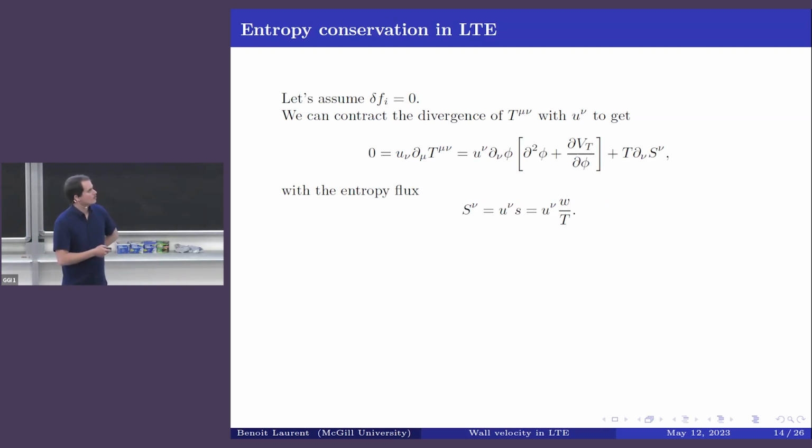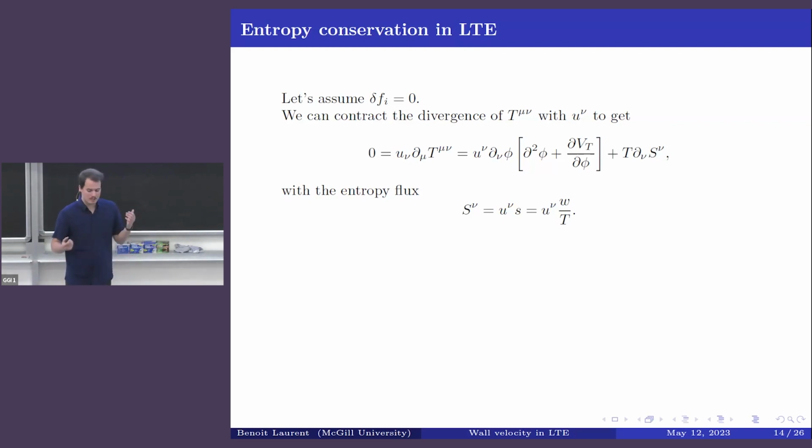Then we can also show that the divergence of the energy momentum tensor, which should be 0 of course, can be written in this form here. The first term is proportional to the equation of motion, and we know that this should be satisfied everywhere in the plasma, so this term is 0. This means that this quantity here is conserved, and this is the divergence of the flow of entropy in the plasma.